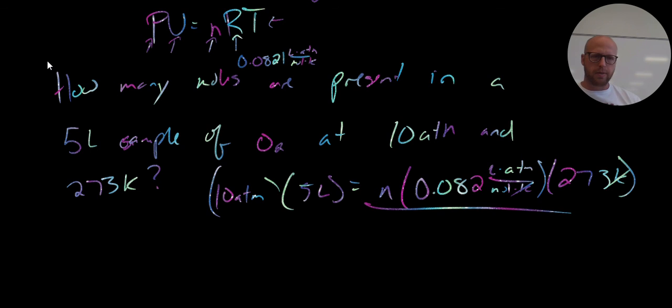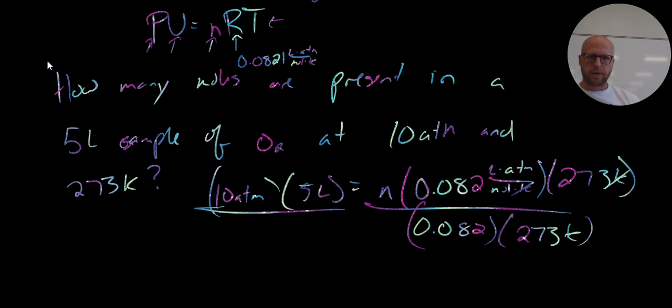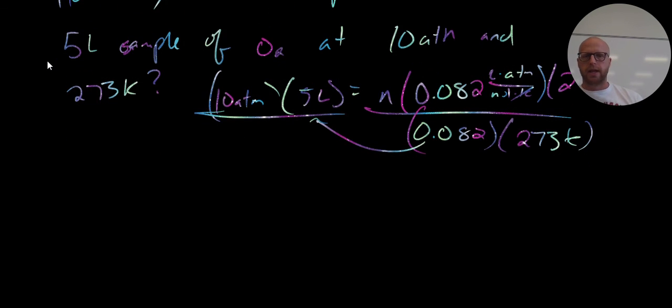Kelvin cancel. I'm going to divide both sides by this value. I'm just going to be lazy here and draw an arrow over there and let you know I'm dividing by that. And what I come out to is n is equal to 2.23 moles.